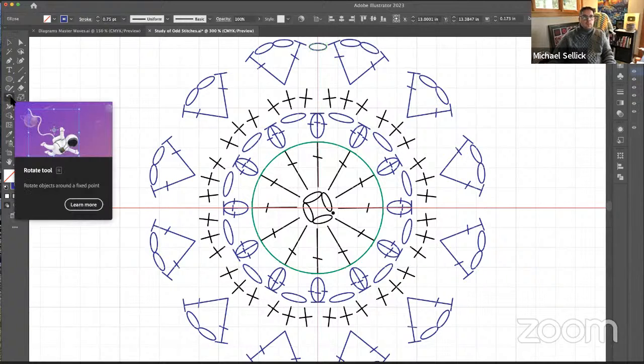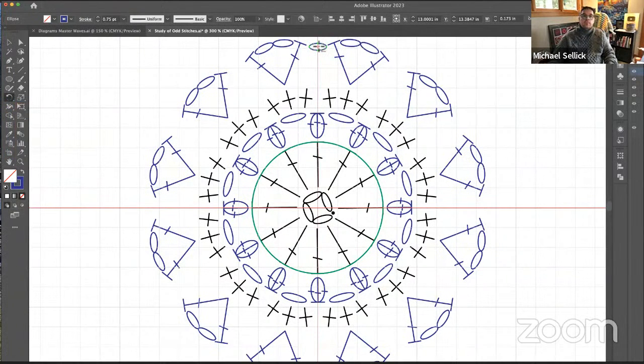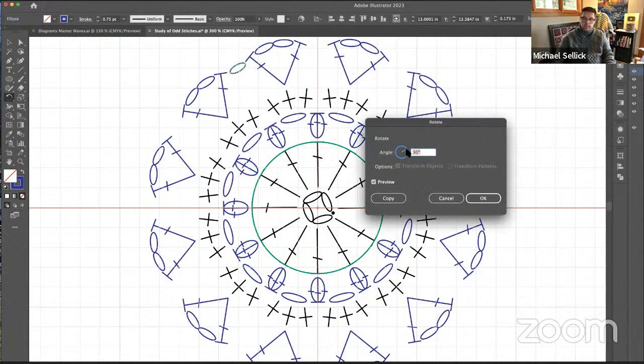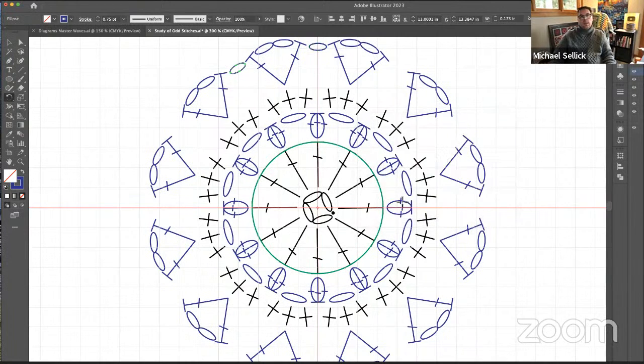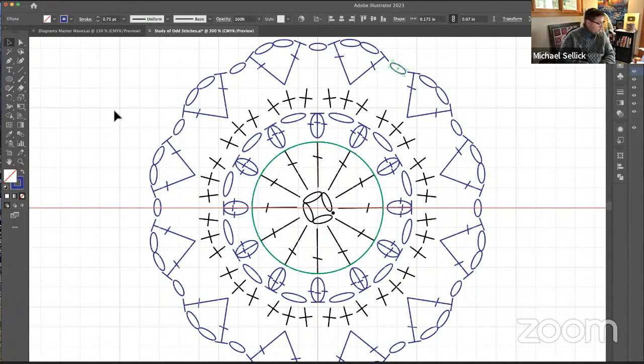Okay, I'm gonna rotate. And there's 12 of those too. So 360 degrees divided by 12. Copy. Okay, so now what do we have?